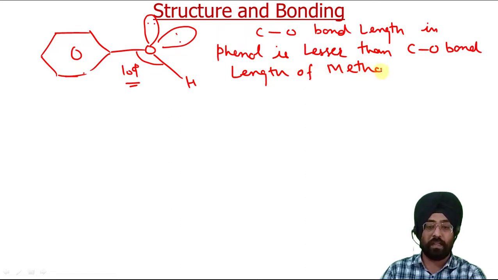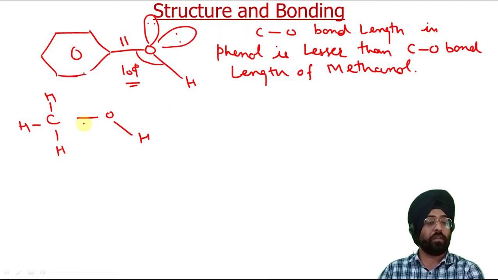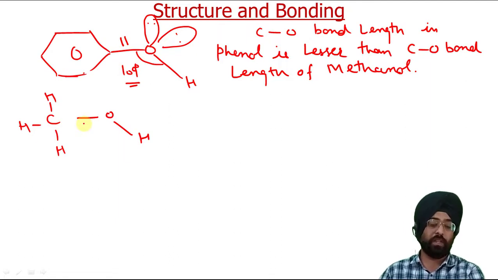So that is a very interesting thing. If we have methanol, CH3OH, if we write it like this, H H H, then it says that this carbon oxygen bond is shorter than this carbon oxygen bond in methanol. Now how to explain this?